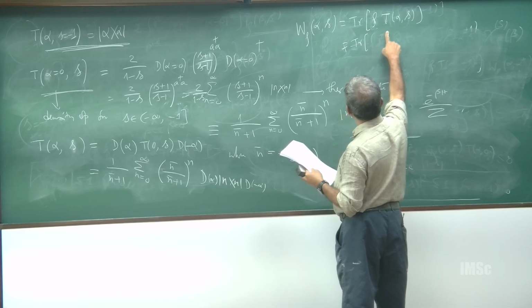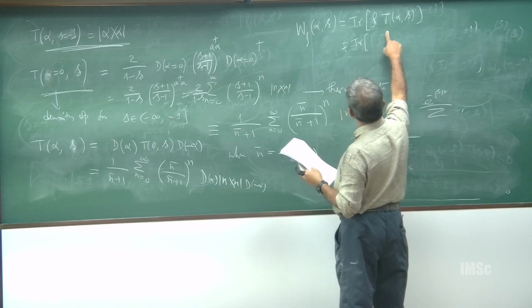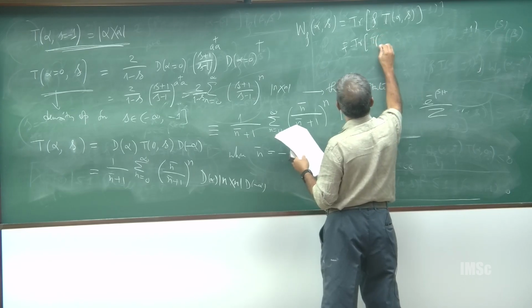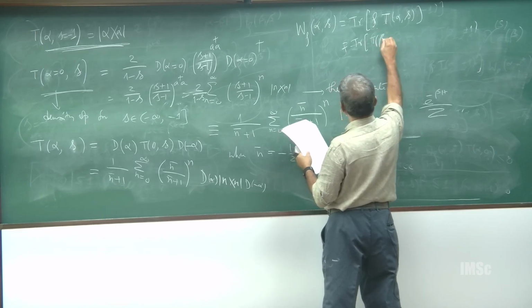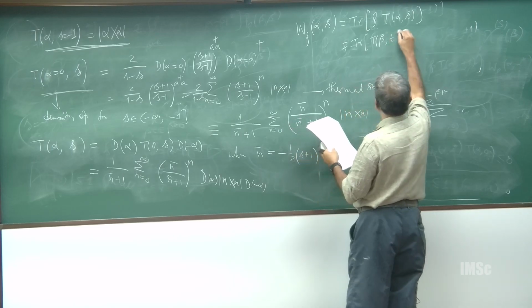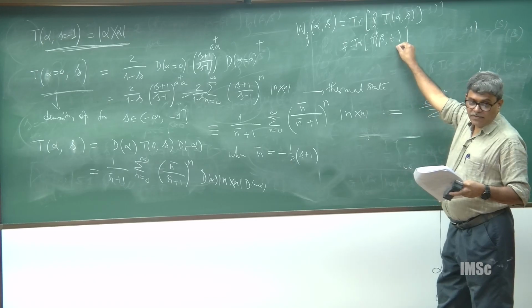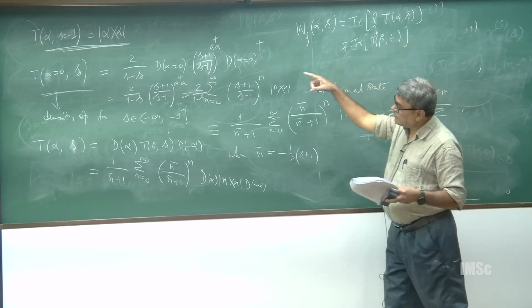So, I should use some different notation, maybe I will call this T of beta t. This is my T of beta t. Is that clear?